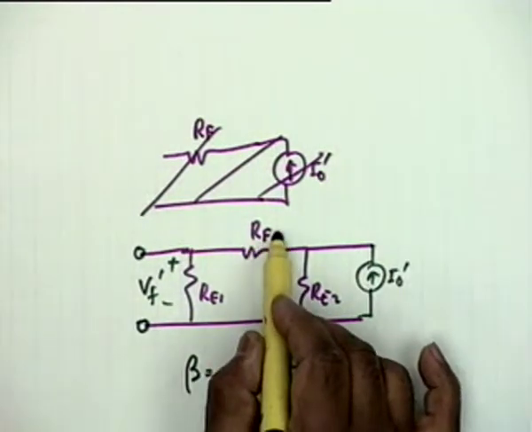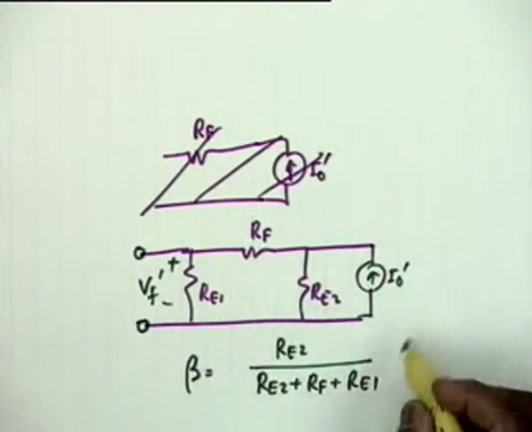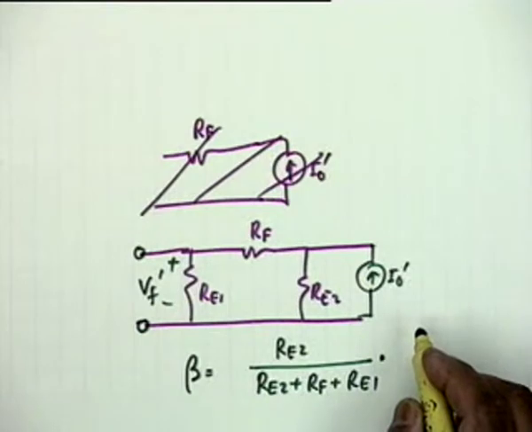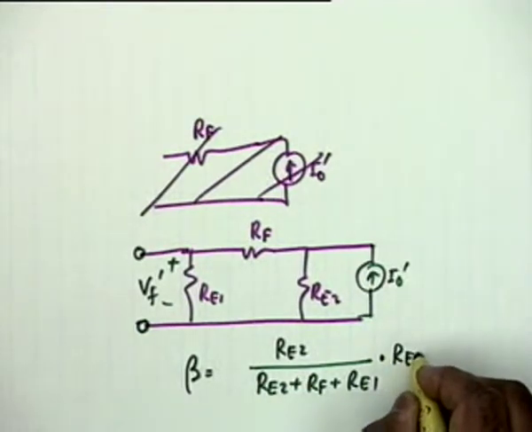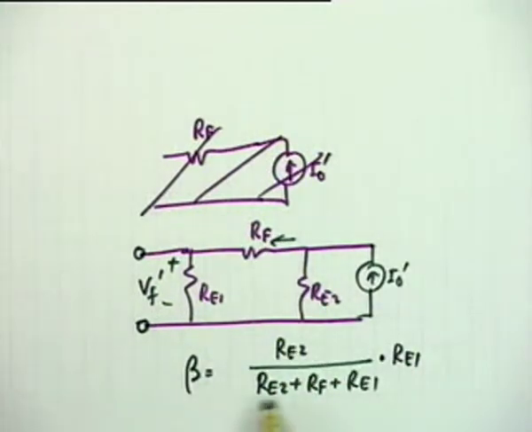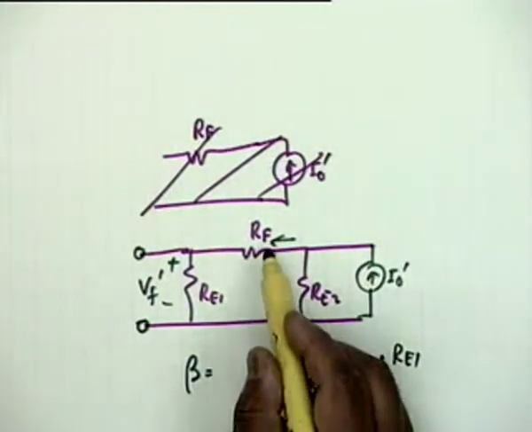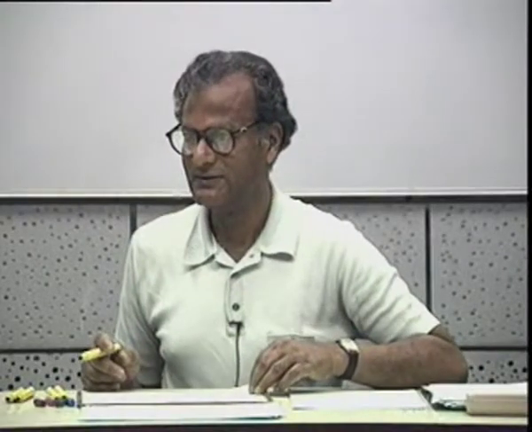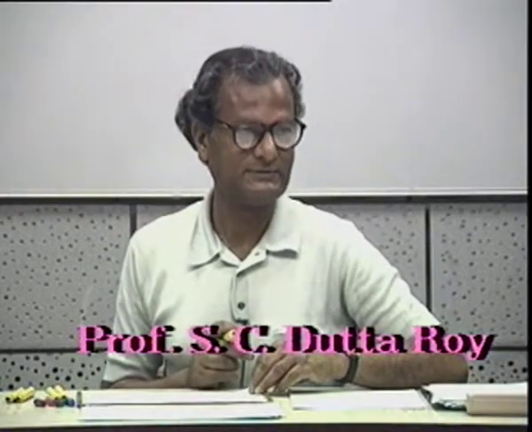This gives the current flowing through RF. This has to be multiplied by RE1, that is right. What I have done is I have found out the current through this branch by this proportioning, and the current multiplied by RE1, that is VF prime. So this is my beta, and once you know A and beta, you can calculate everything.